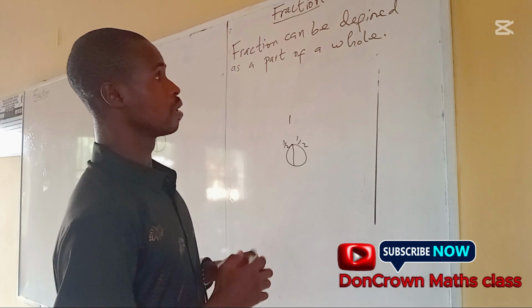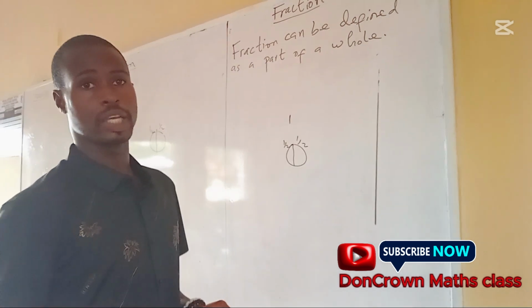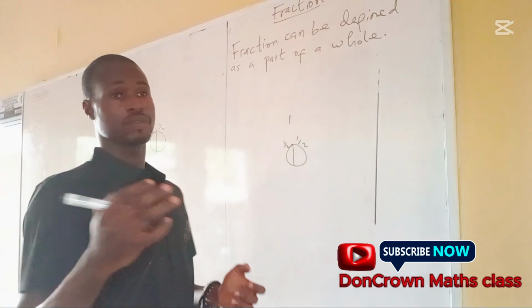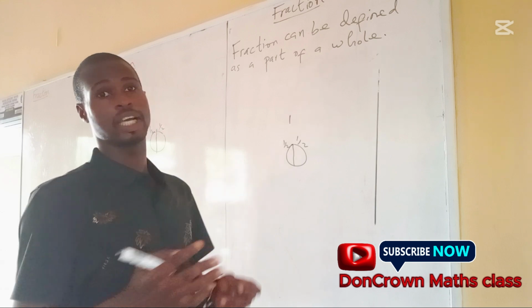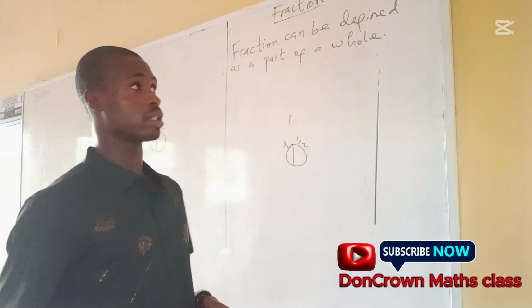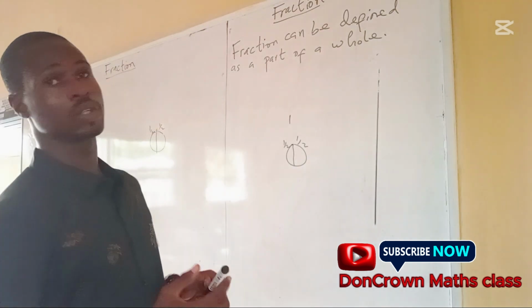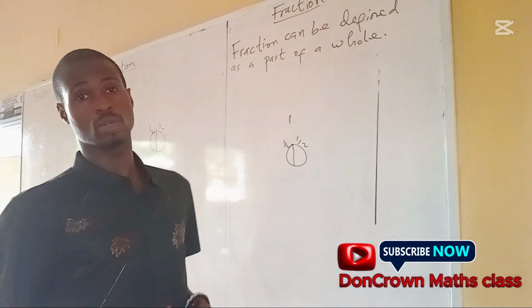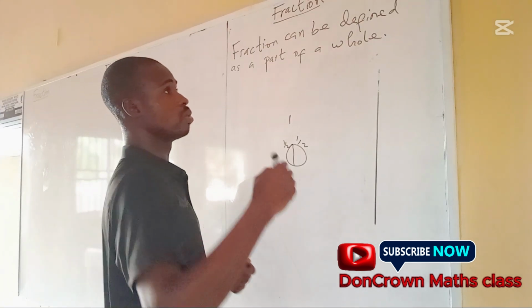Now, a fraction has an upper part and a down part. The upper part is called the numerator, while the down part is called the denominator.